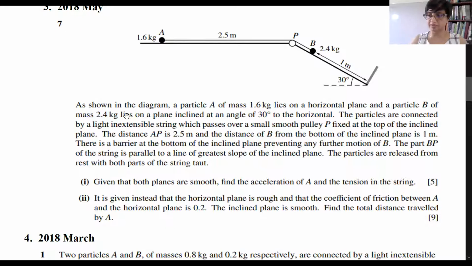I'm going to go back to my paper. And in my mind, I figured out that I first need to apply equations of motion for the first part of the motion of A when the string is taut and when the acceleration is 2.2, to find the final velocity. Because that final velocity is going to be the initial velocity for the second part of the motion. Okay. So, sorry, let me drink some water.